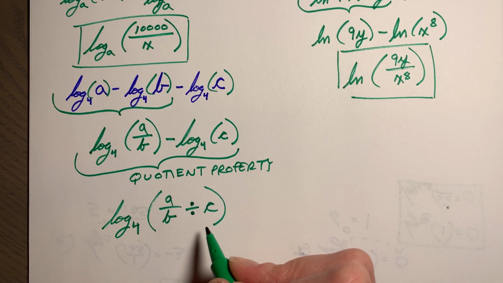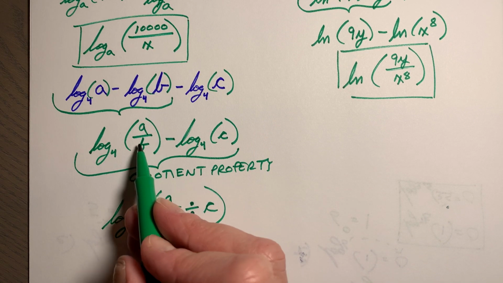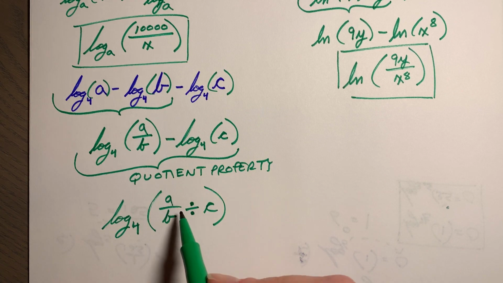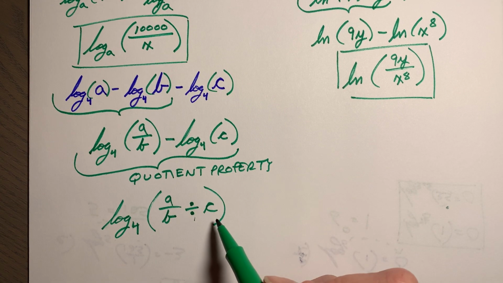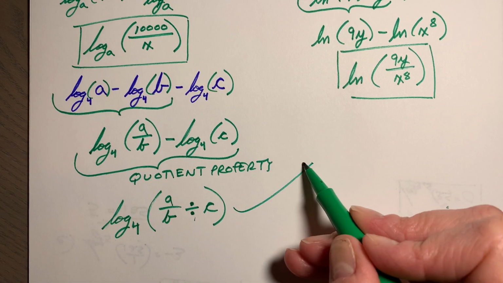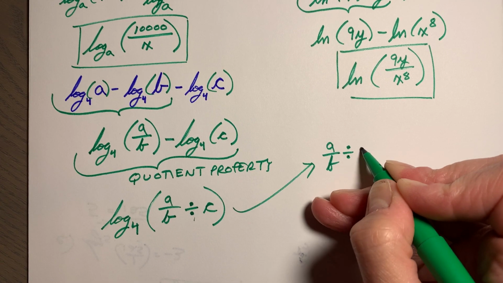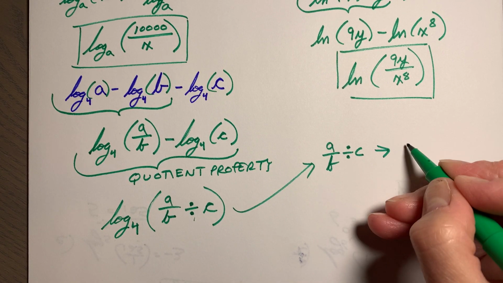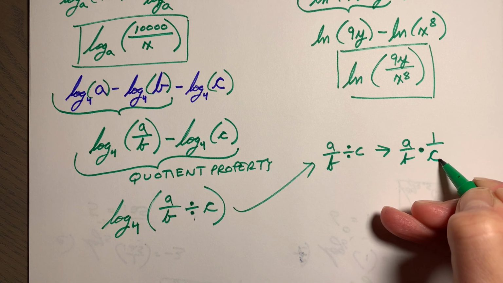I think it works across a little bit clearer. All right. So this is the numerator here divided by that second argument of c. Okay. And what I'm going to do here is use the rule that if we are dividing by c, it's equivalent to multiplying by the reciprocal.